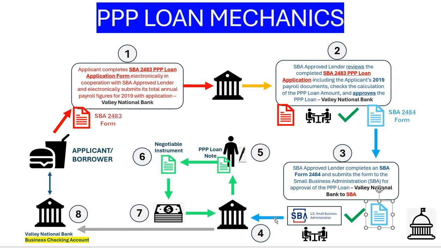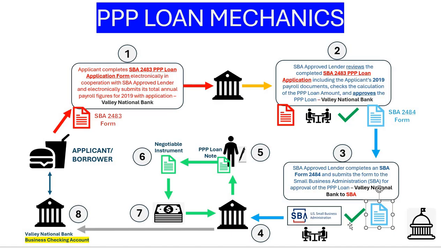So what happens here is the 2484 form, once it is approved by the SBA, does not create the money for the PPP loan. The SBA did not provide the money to borrowers for the PPP loans.